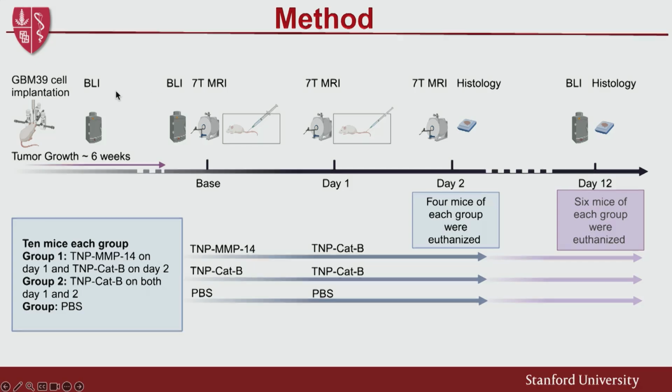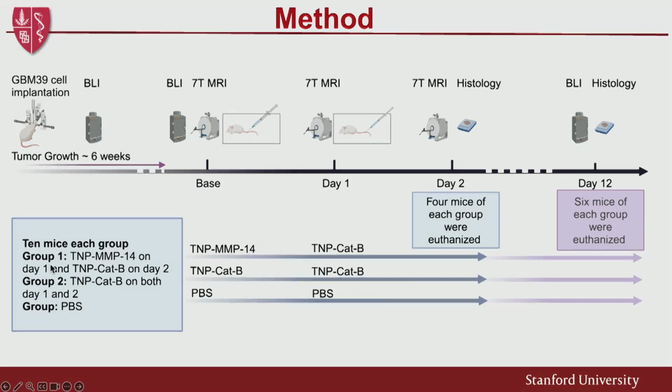For this study, we use an in vivo model by implanting GBM39 in the brain of mice. We allow the tumor to grow and reach a good size to be monitored via imaging. After that, we divided our mice into 3 groups.